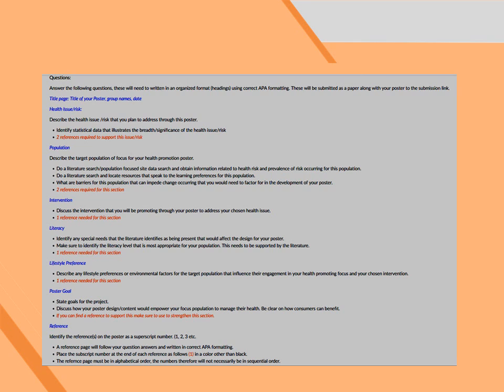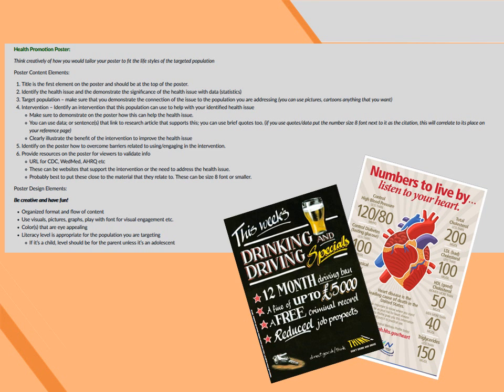You've got what is your issue, what is the population you're going after, what is the intervention that you want to apply to help the health issue that you identify, the literacy level, what special needs do you need to consider for the population, the lifestyle preference, and then the overall goal of the poster. So again, you can divide these up. You do need to have a reference page. It does need to be in correct APA formatting.